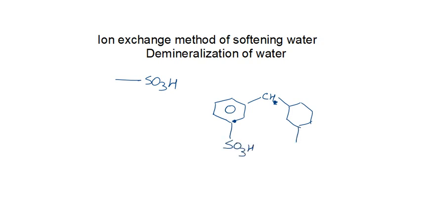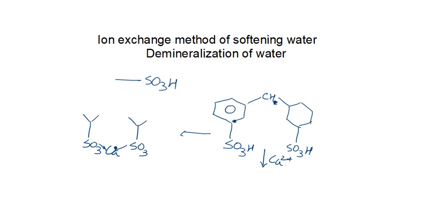If the resin has the sulfonic acid group, then such groups can be there, and when these groups react with, say, calcium ion from water, they will trap the calcium ion, the rest of the part will be as it is, and it will give two H positive ions to water. So this is the role of the cation exchange resin.